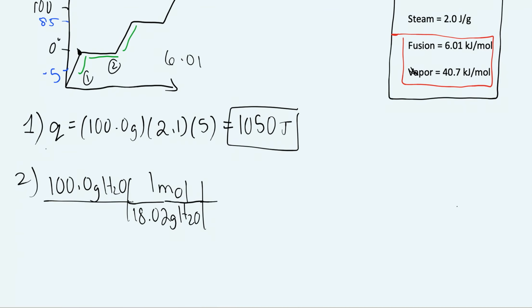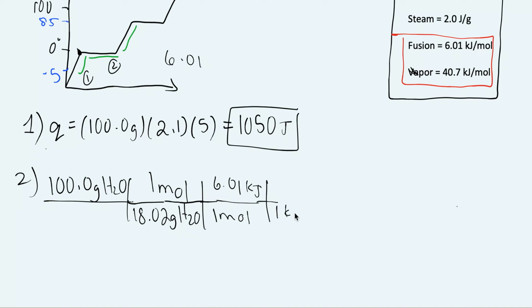And back to the problem. 1 mole, you drop that down, 1 mole is equal to 6.01 kilojoules. And I'm just going to take the extra step and convert that to joules, because that's what we have here.